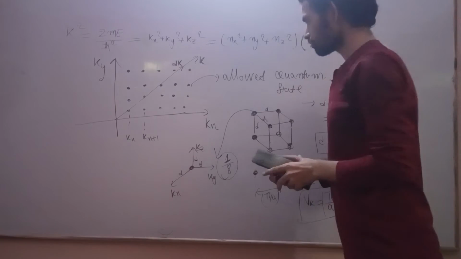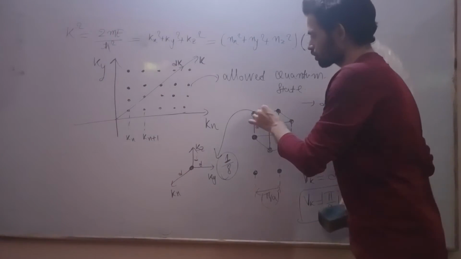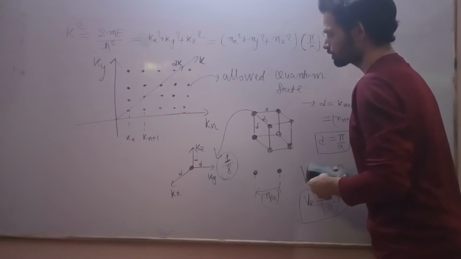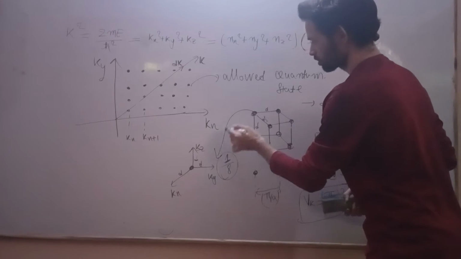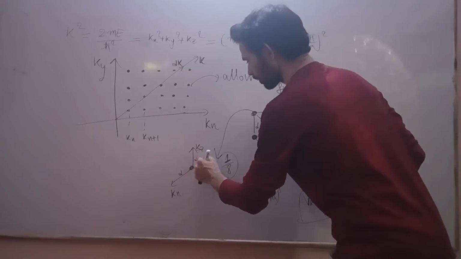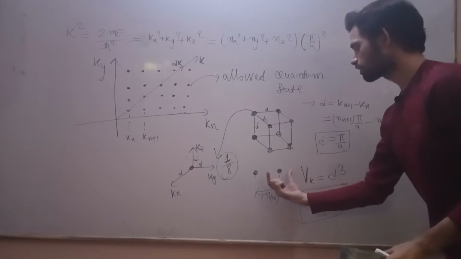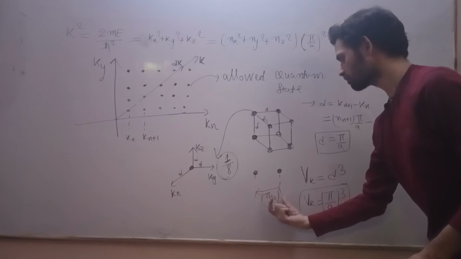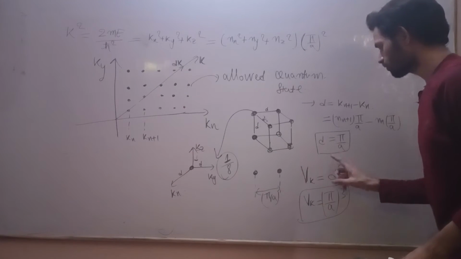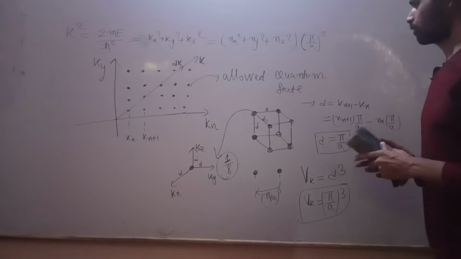After that, we selected one quantum state, one corner of the cube, out of 8 in total. Then we calculated the distance between two quantum states, so V_k is equal to pi by a whole cube.